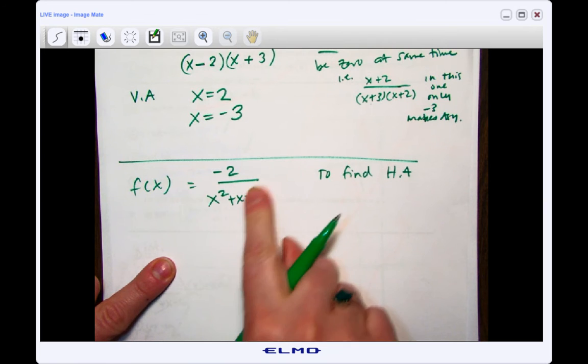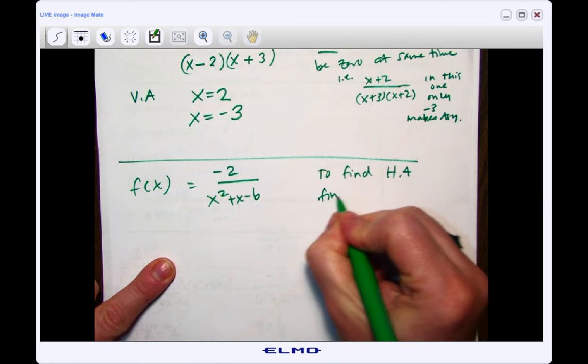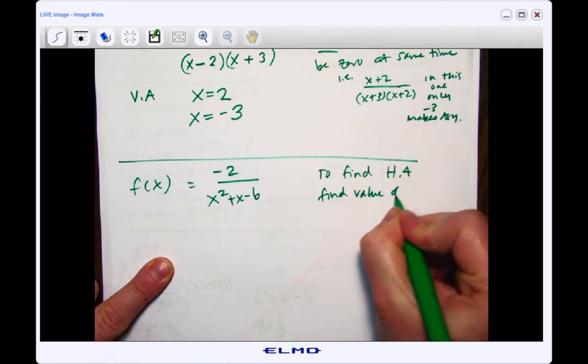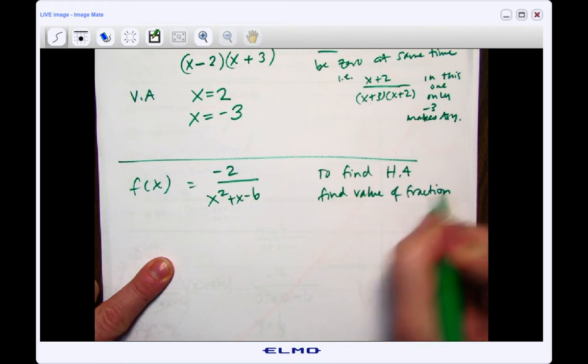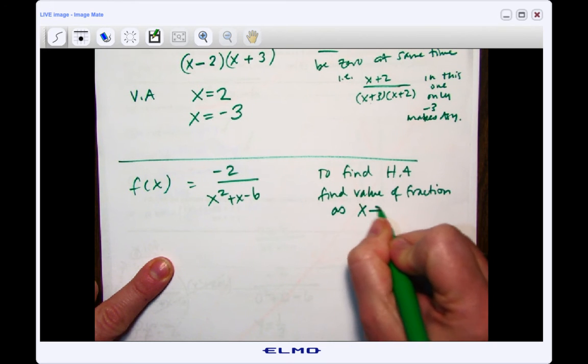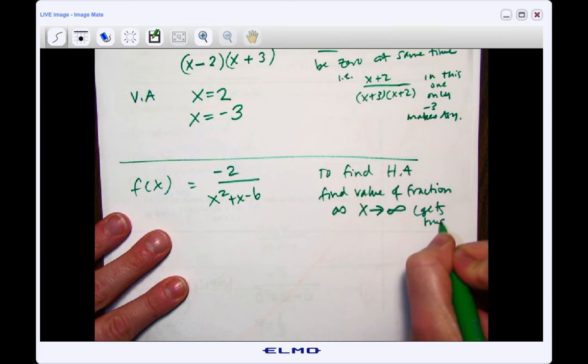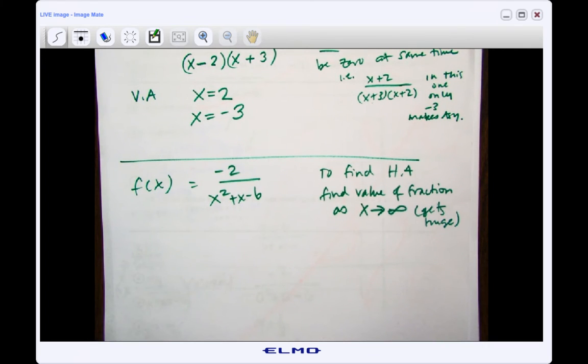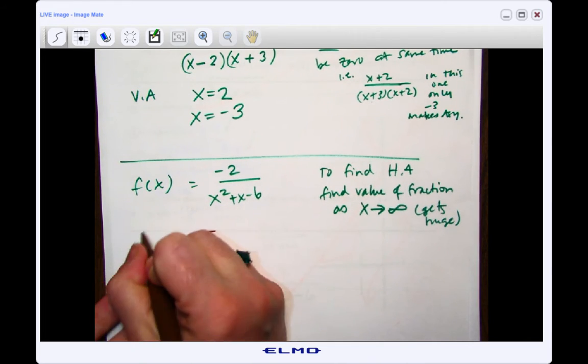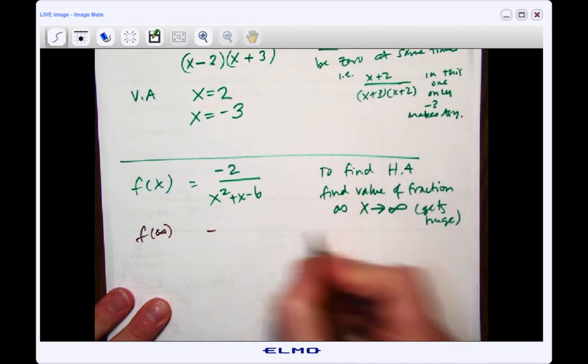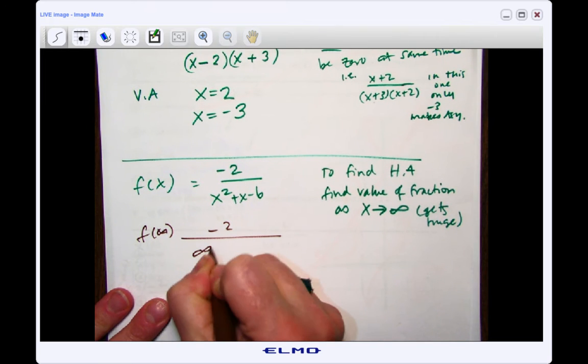I'm going to find the value of the fraction as x approaches infinity or gets huge. In other words, what happens when x gets huge? You can kind of pretend you're putting in infinity. So what is f of infinity?